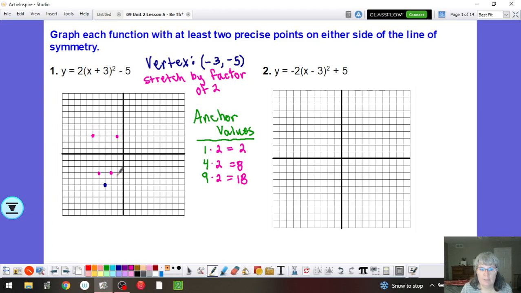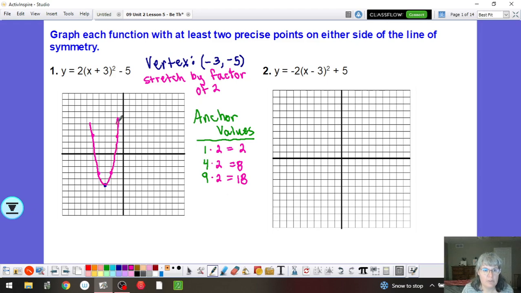And then if we had room for 3 units, we'd go up 18. But I don't have room on mine. And so we can go ahead and graph this parabola.